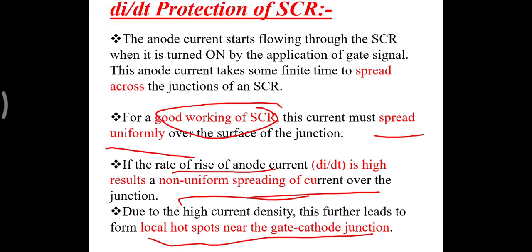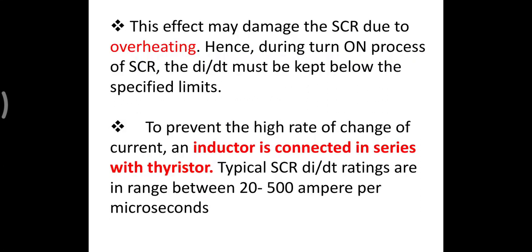So this non-uniform spreading of current causes overheating, hence the turn on process of the SCR must be kept below specific limits. Okay. To prevent this high rate of change of current, an inductor is connected in series with the thyristor.